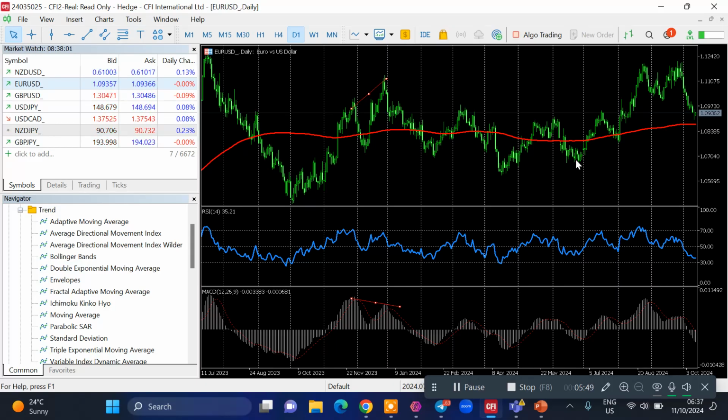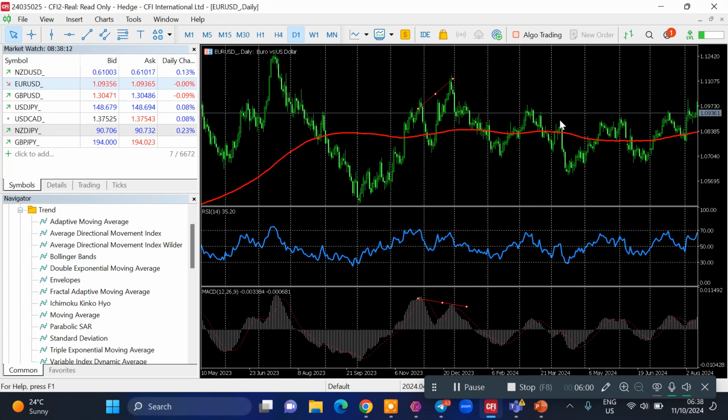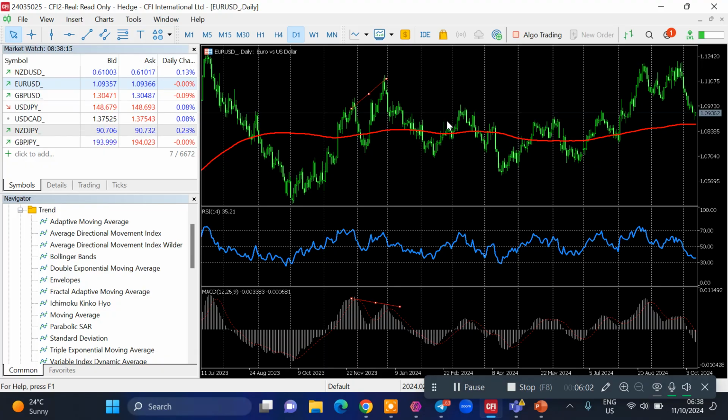As a rule of thumb, if price is trading above the 200 moving average, that is a possible uptrend, so you are looking to buy, and if price is trading below the 200 moving average, it is an invitation for a possible sell. But like I said earlier, you don't just place your buy or sell orders only because price is above the 200 or the 50 or the 100 moving average, or price is in the overbought region or the oversold region.